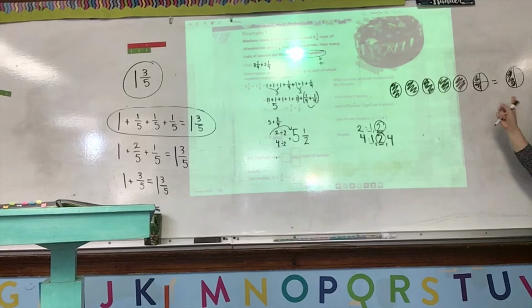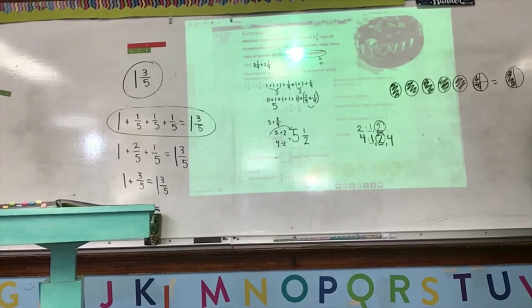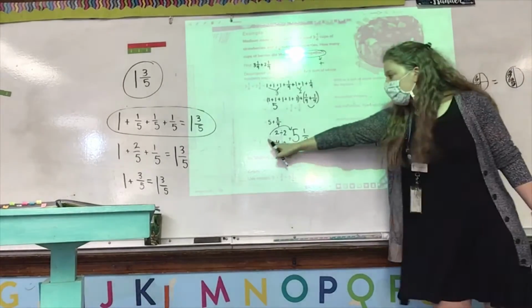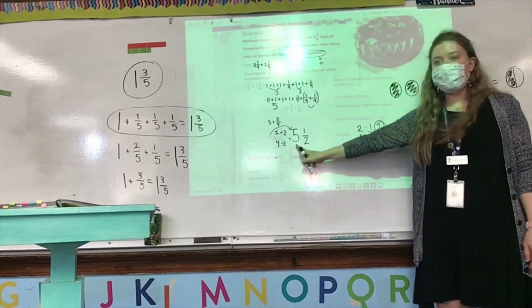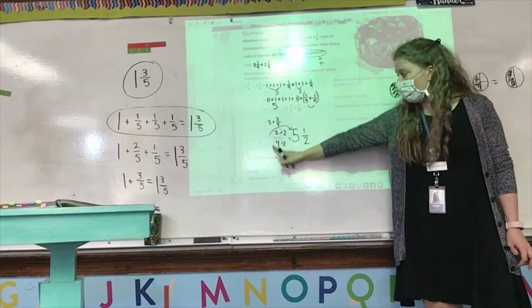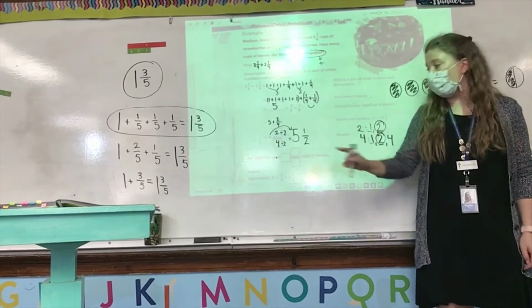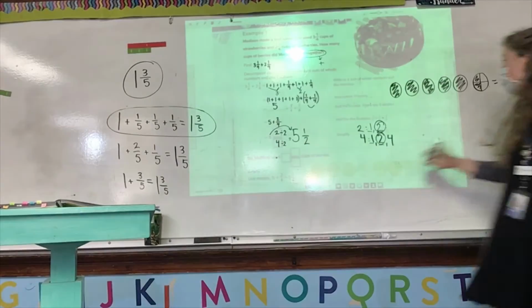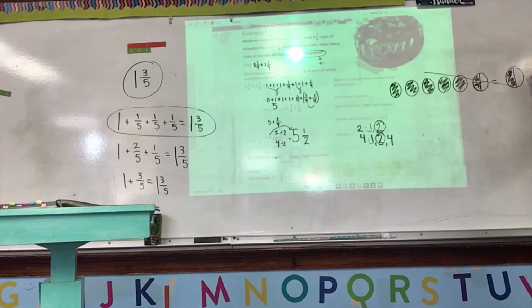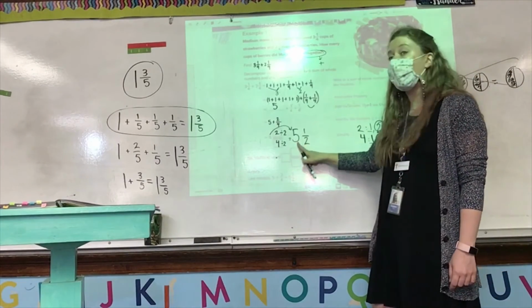And is that true at all? Do we have the same amount shaded here as here? No. So you have to make sure to move this whole number to your final answer. Do not forget to move the whole number to your final answer, otherwise you're going to be wrong because 5 2/4 is not equivalent to 1/2. 5 2/4 is equivalent to 5 1/2.